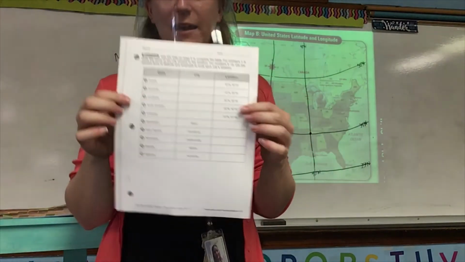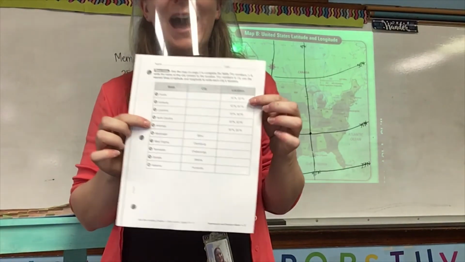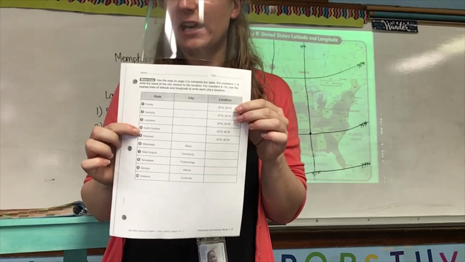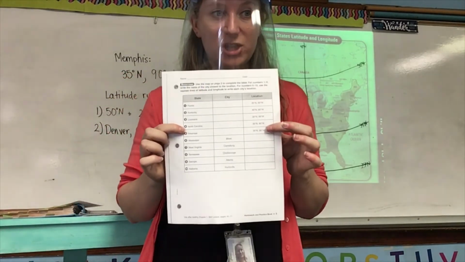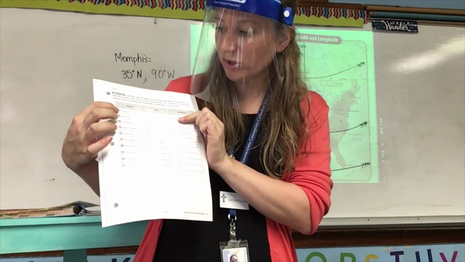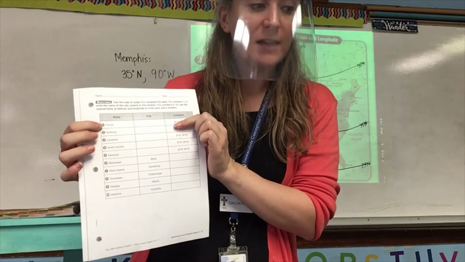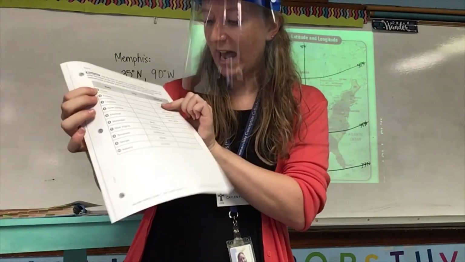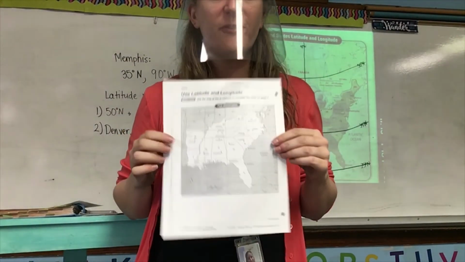So on the back, numbers 1 through 5 tell you the state, which means you have an idea of where you're looking. And then it has the location. The lines of latitude always come first. So for number 1, you're looking for the city in Florida that is closest to 30 degrees north and 85 degrees west. So that means you're going to the front.